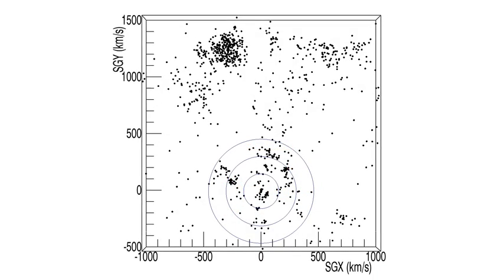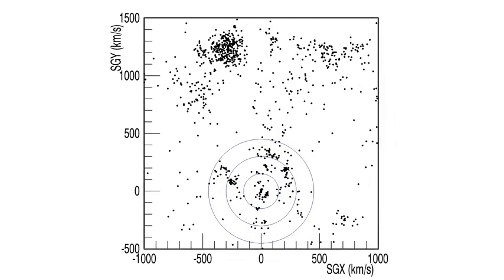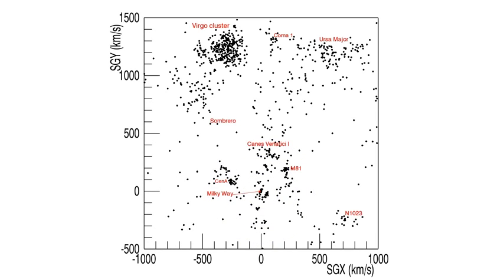Returning to a polar view of the local sheet, the scene expands to include the Virgo cluster. The local sheet trails off in density beyond our location in the direction away from the Virgo cluster. Our inventory of accurate distances is severely diminished beyond 500 km per second.